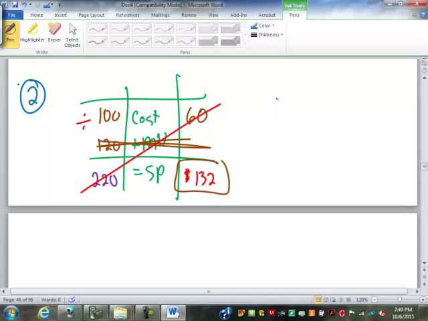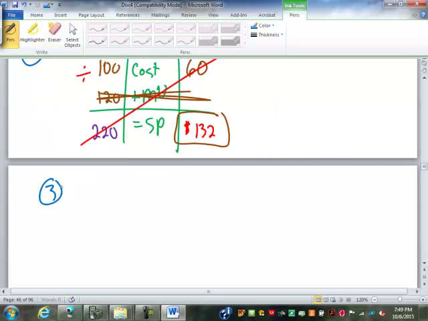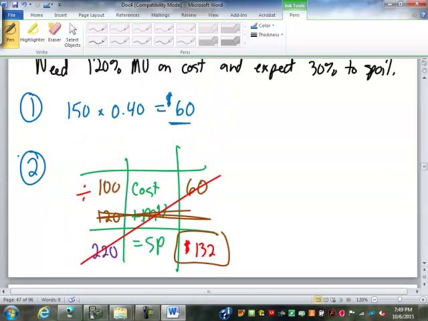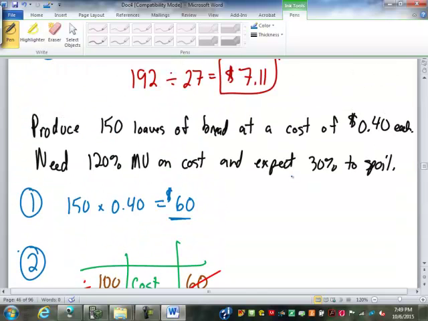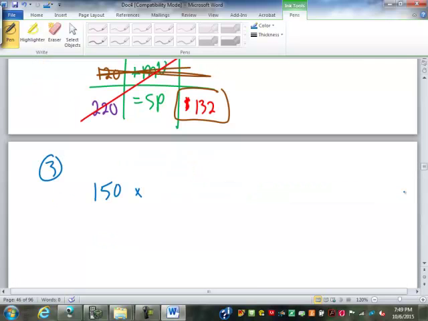Step 3, find out how much sells. So we have 150 times, what percent spoils here? 30% spoil. So yes, 100 minus 30 is 70%, so 0.7. So that's going to be 105 that sell.